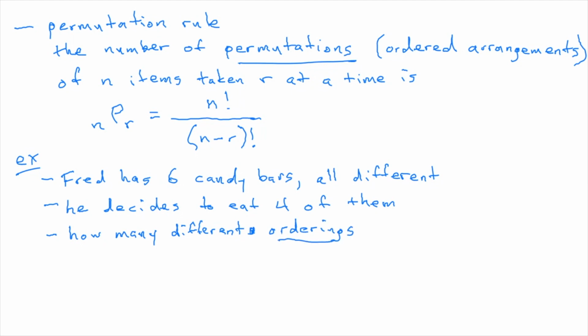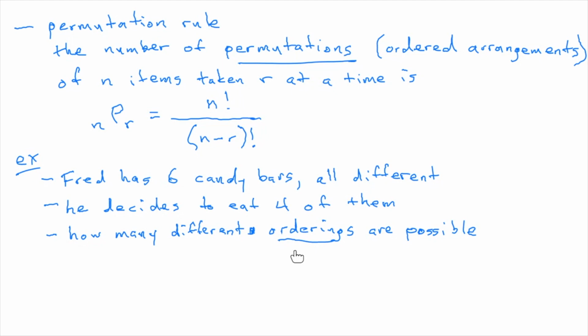And I'm underlining orderings. I'll tell you why in just a second. The reason I underline orderings is that when we are counting things, sometimes order matters. And to Fred, when he's eating his candy bars, order matters. He doesn't like to eat 2 things with nuts in a row because they both have nuts. He wants the variety. He wants the silky smooth. And he doesn't want to eat M&Ms and then eat peanut M&Ms because they're both M&Ms.